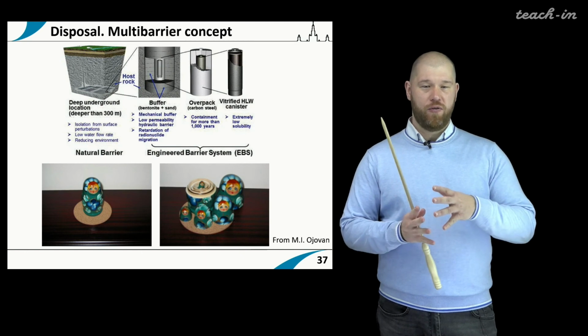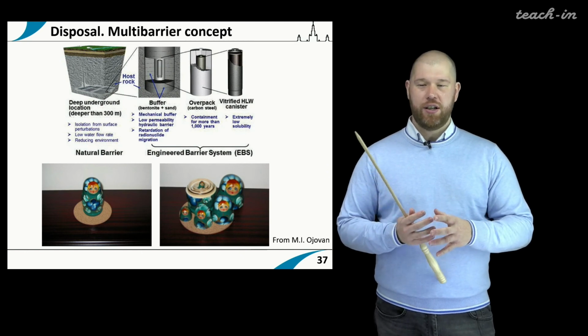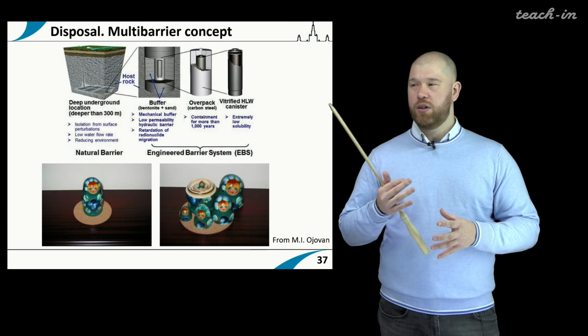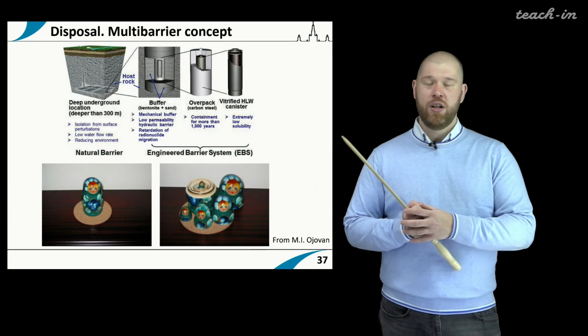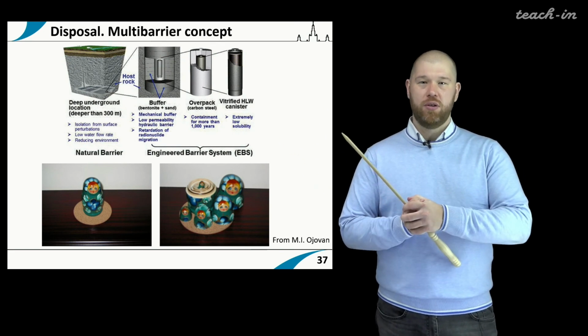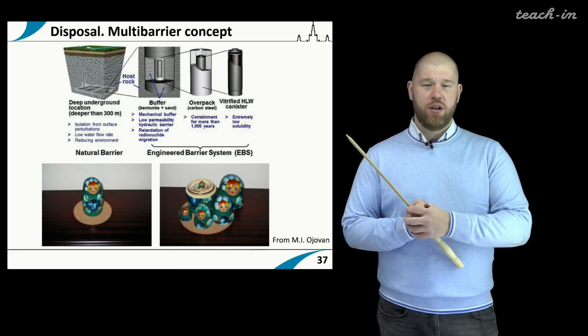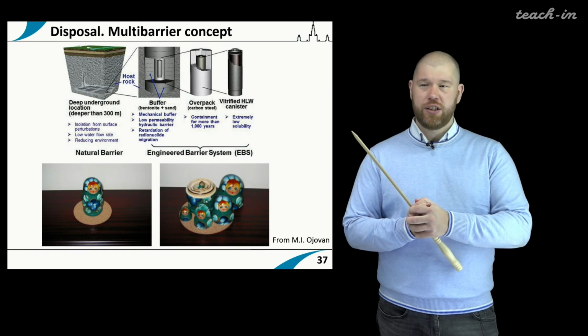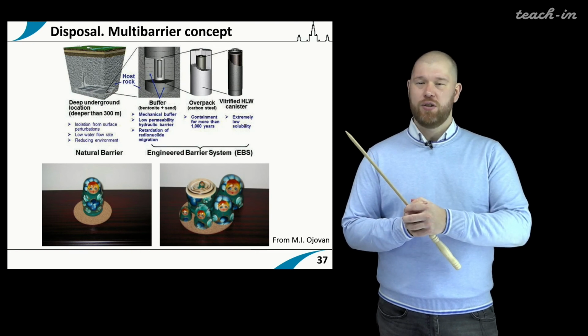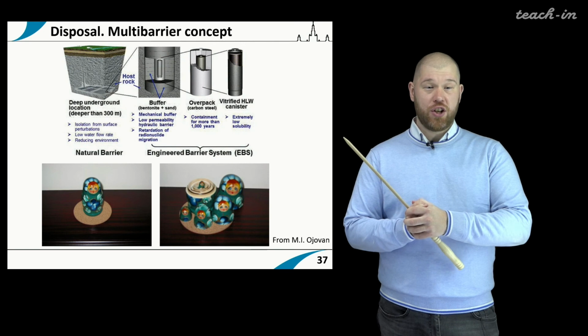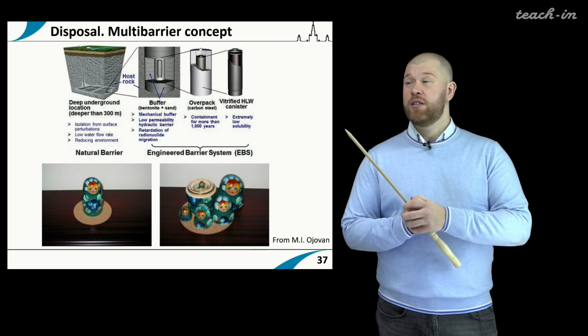transformed to a form that is resistant to the chemical action of water, resistant to thermal attacks due to the heat production from the radioactive decay. They're resistant to radiation effects.